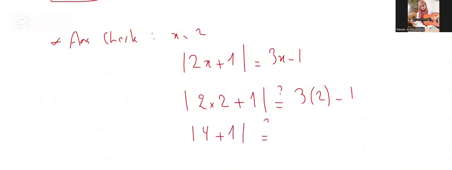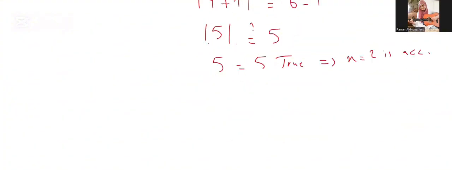So 2 multiplied by 2 is 4 plus 1. Does it equal 3 multiplied by 2, which is 6 minus 1? So the absolute value of 4 plus 1 is the absolute value of 5. Is it equal to 6 minus 1 which is 5? So the absolute value of 5 gives me 5. It's equal to 5. This is true. So the first part, x equal to 2, is accepted. We have to take this solution.